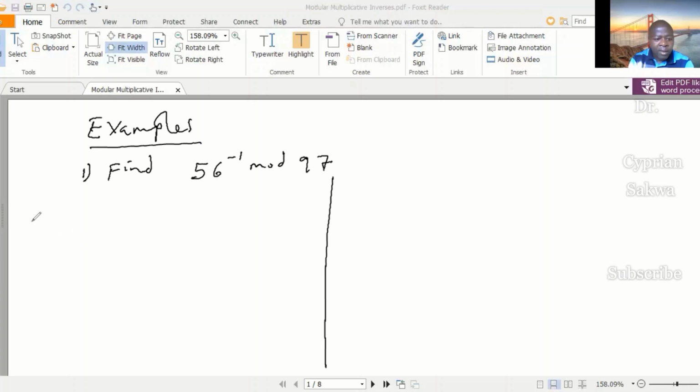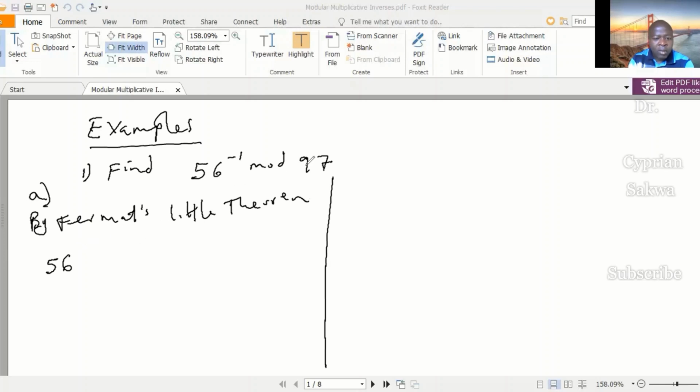So by Fermat's little theorem, I'm doing it first by Fermat's little theorem, and then I'll do it by the Euler theorem, then by the extended Euclid's algorithm, so that you can know how to use each of those methods. Now, by Fermat's little theorem, the inverse of 56 will be given by 56 raised to P minus 2.